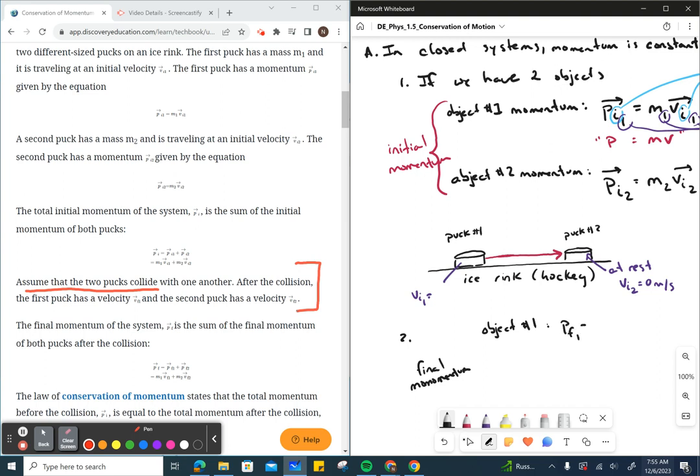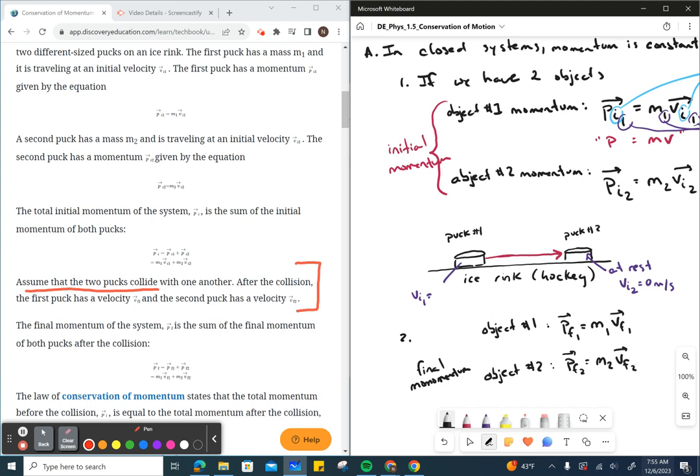Again, we're talking object 1 is equal to the mass of object 1 times the velocity final of object 1. Okay, so we're having to break this out into its multiple parts. So here we could say that the momentum final for object 2 is equal to the mass of object 2 times the velocity final of object 2.